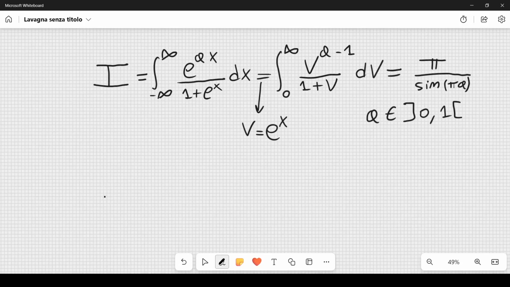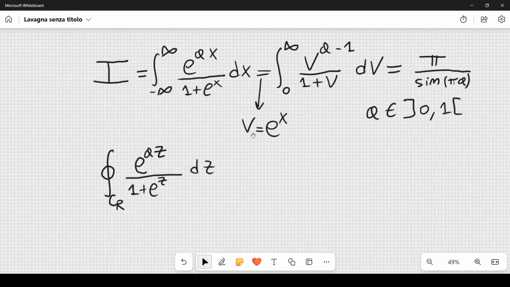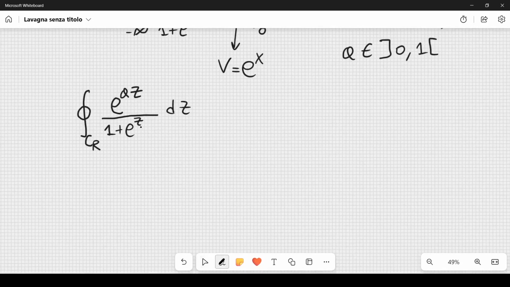Anyway, we will now consider the integral along a contour, with the integrand e to the a z, where z is a complex variable, divided by 1 plus e to the z, dz. We are going to integrate along a contour that I'm going to call C sub R. It is going to be very easy to understand.